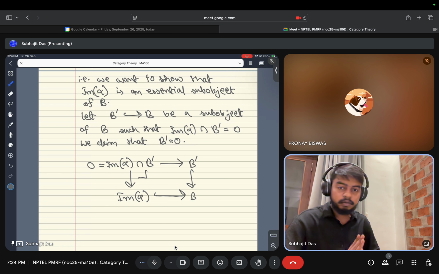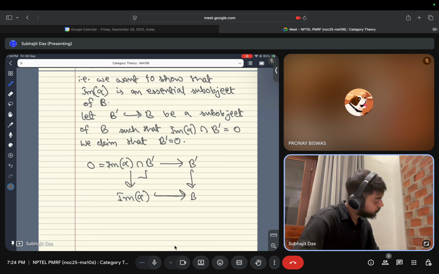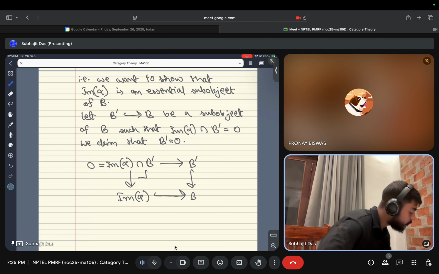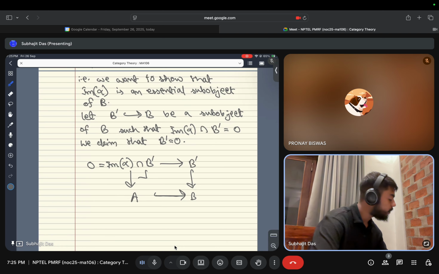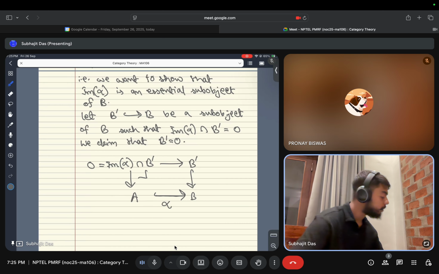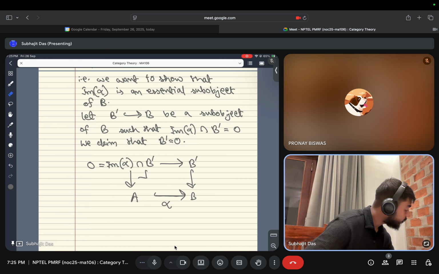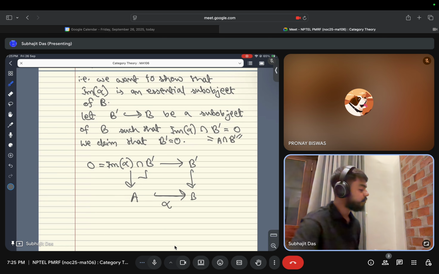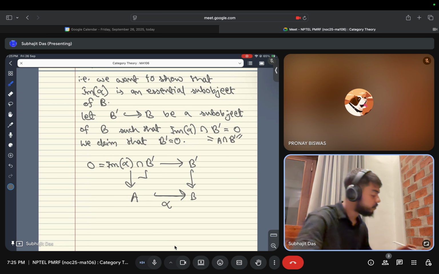Since alpha is a mono, we'll not make a fuss out of it and let's call it A. So A to B we have alpha, which is already given to be a mono. Let's just call it A intersection B prime equal to 0 to avoid any complications.